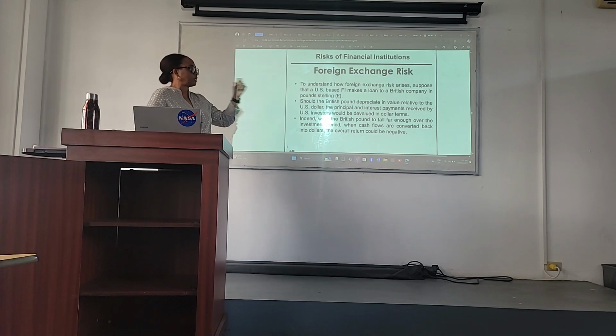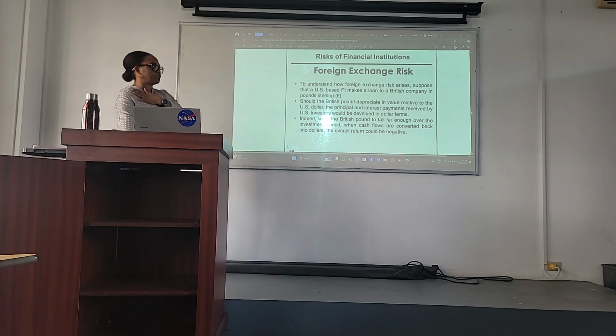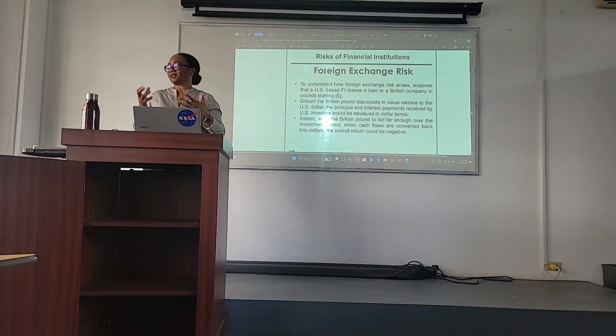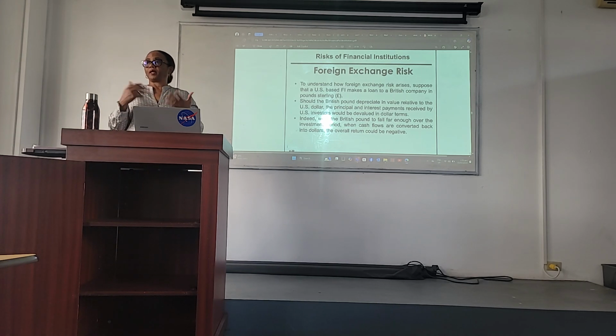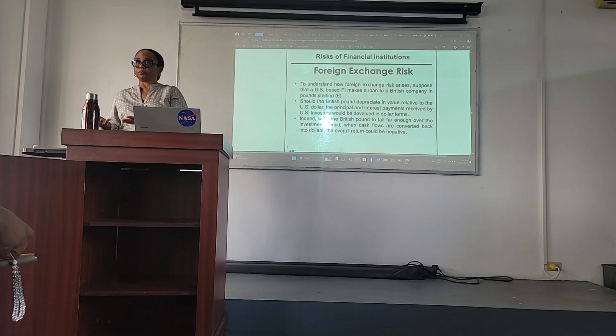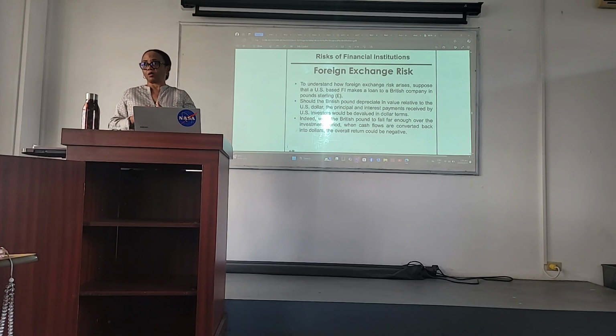If the pound sterling depreciates in value relative to the US dollar, when the British company pays the interest and the principal, the money they get would be of less value, because they are paying in sterling, the sterling depreciates, and so the value of the payments they get would be less relative to the dollar.